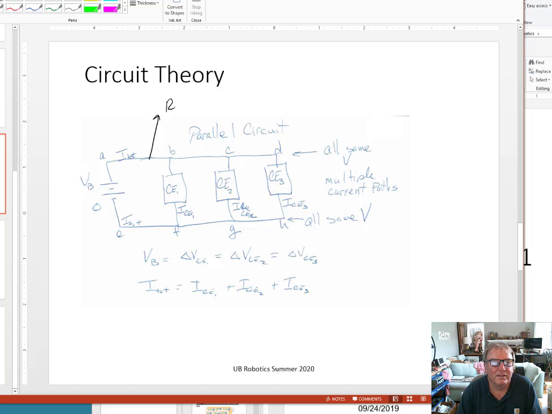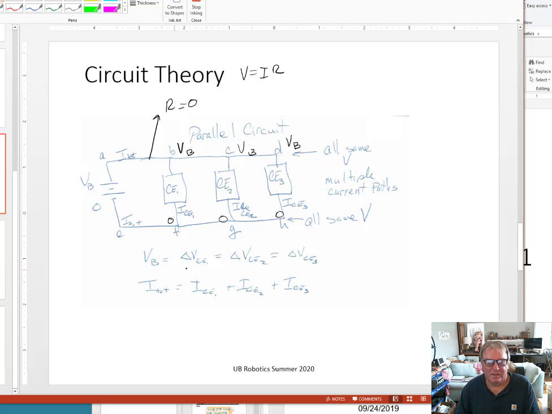R of a wire equals 0. So with V equals IR, there's no change in voltage over the wire. So let's say whatever the voltage of the battery is, that's going to be the same here as here as here. And everybody here is going to be at 0.